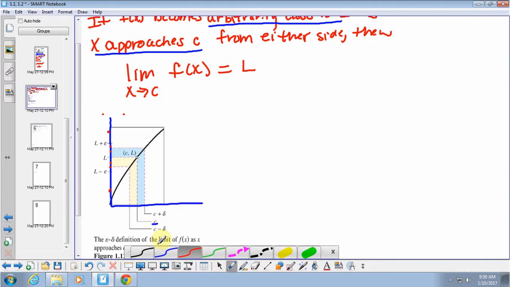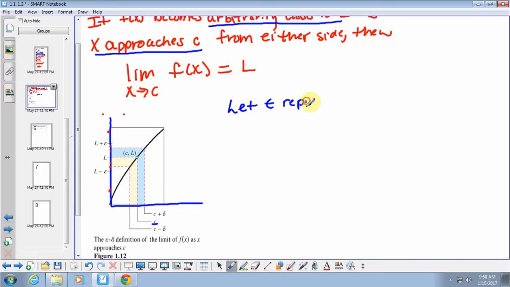So, we let epsilon, the Greek letter epsilon, represent a small positive number.